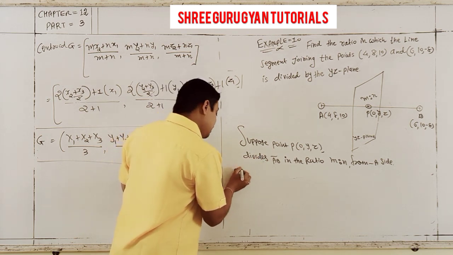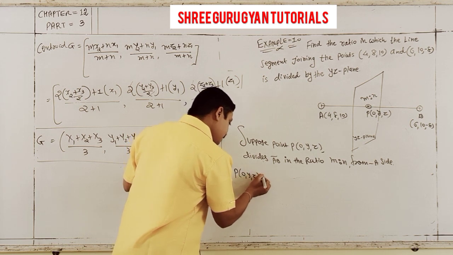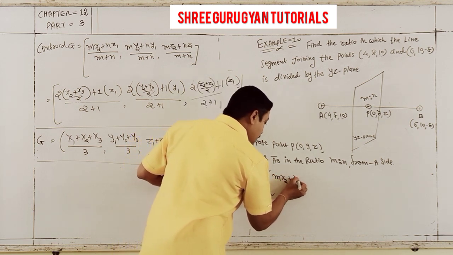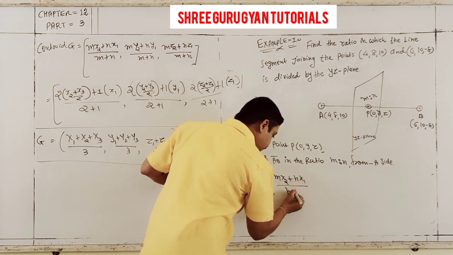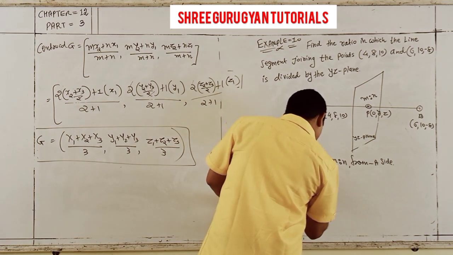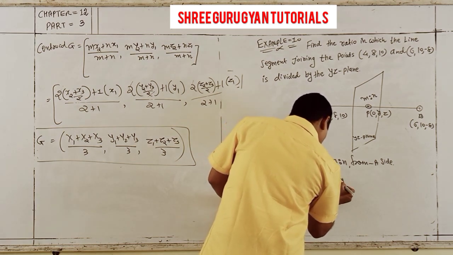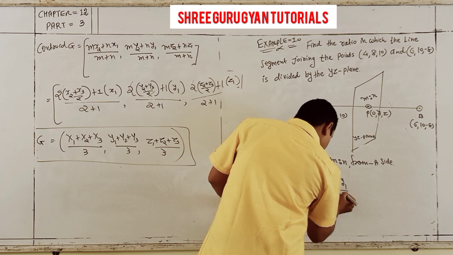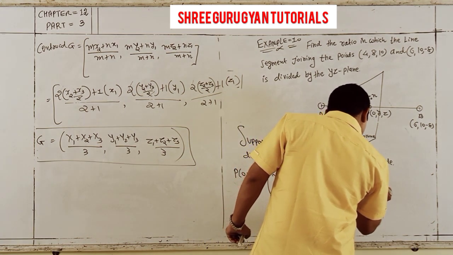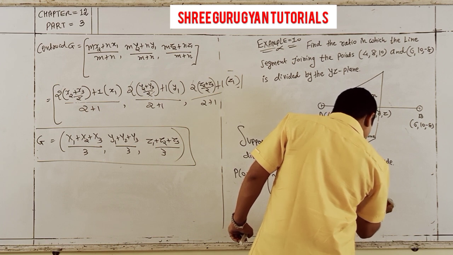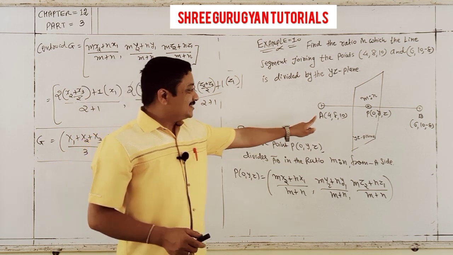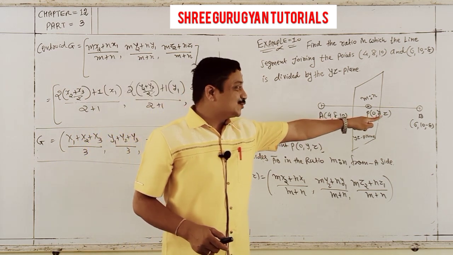Now, students, you consider P as (0, y, z) and your ratio m:n. So mx2 plus nx1 by m plus n, same as my2 plus ny1 by m plus n, same as mz2 plus nz1 by m plus n, and create your points x1 y1 z1, x2 y2 z2.